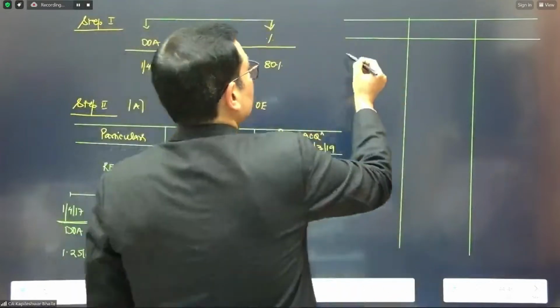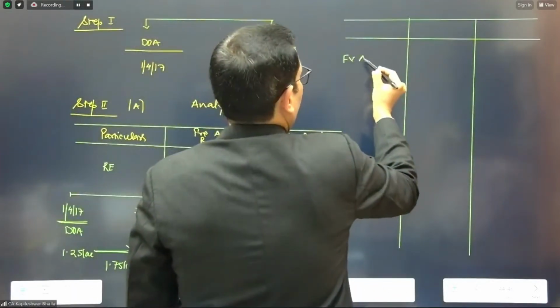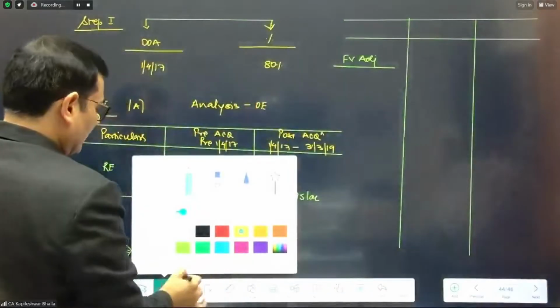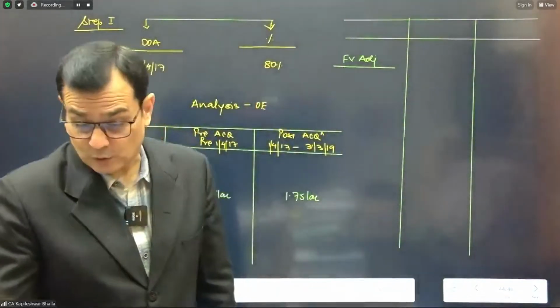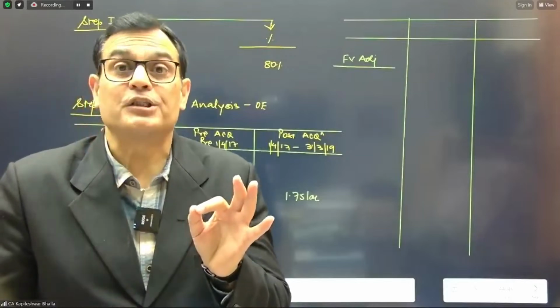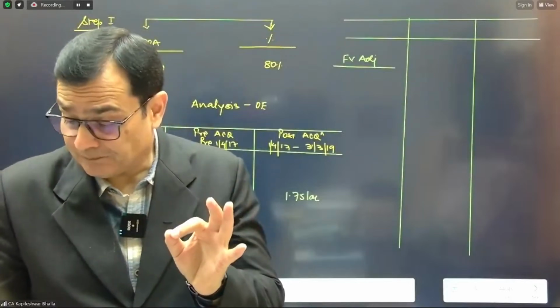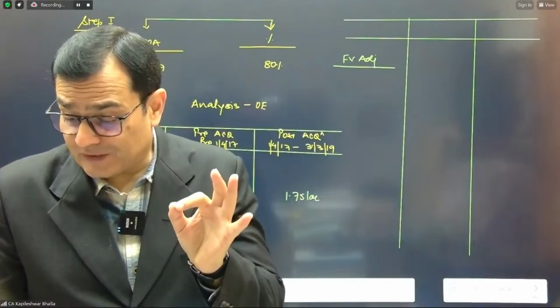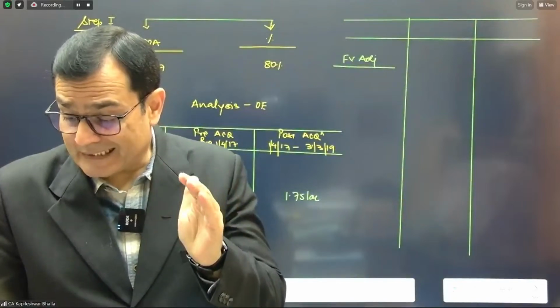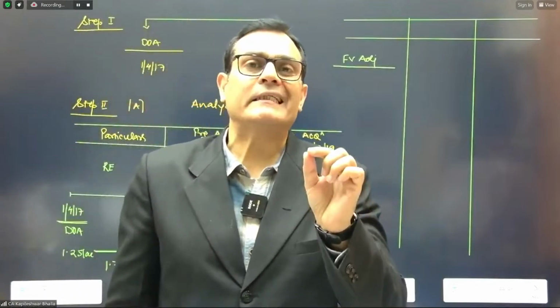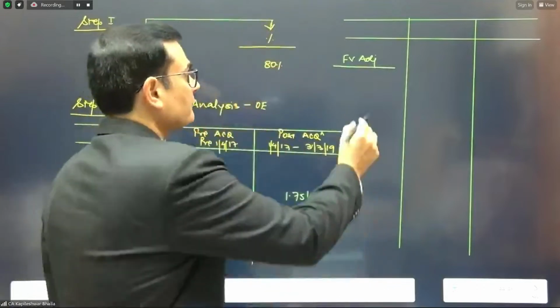Focus number 2, and that is we're looking at fair value adjustments, if any. So on the fair value adjustments, we go to the additional information, and there is only one fair value adjustment in point number 1. On the date of acquisition, the fair value of the subsidiary exceeded the book value by 2 lakh, he's already given you what is the increase in the fair value.